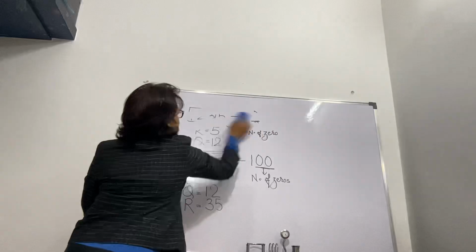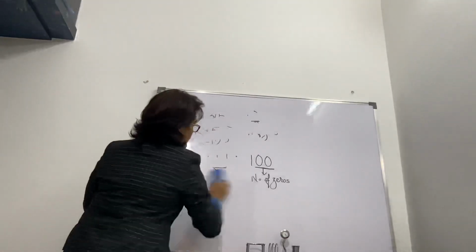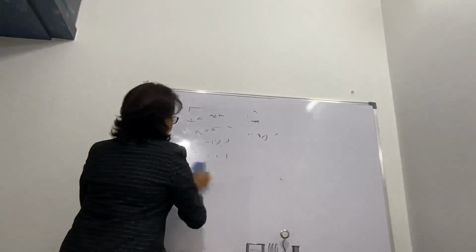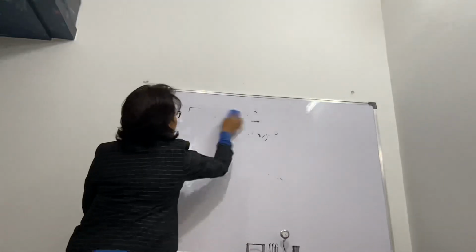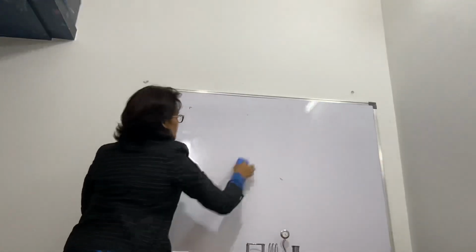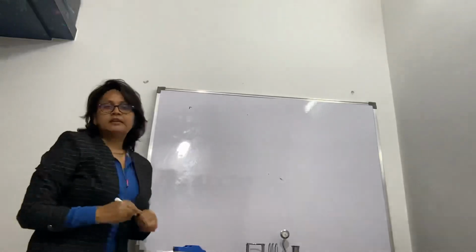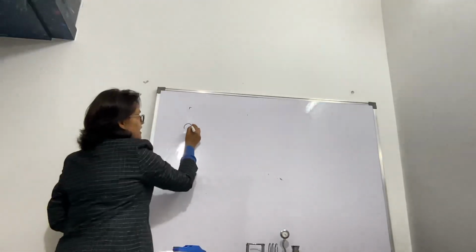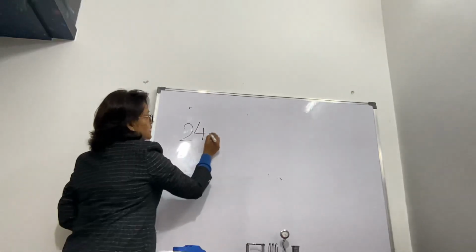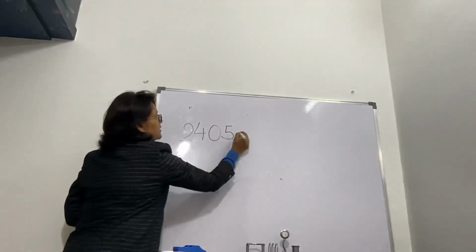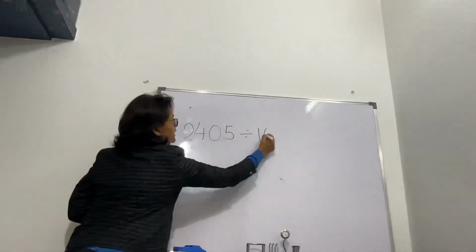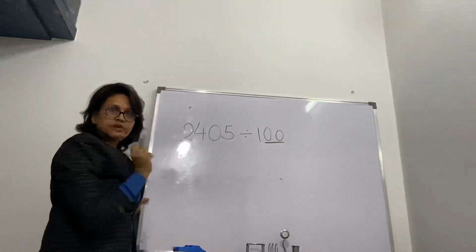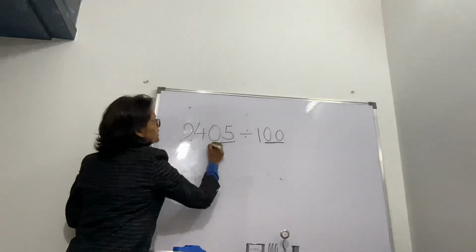For example, the number which I am taking has a 0 in between. Suppose I have written 2405 divided by 100.